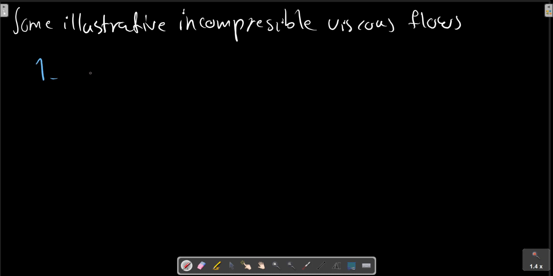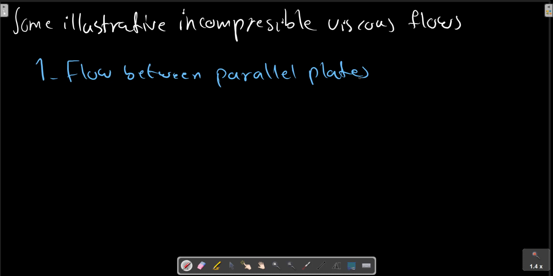One, flow between parallel plates due to a moving upper wall.